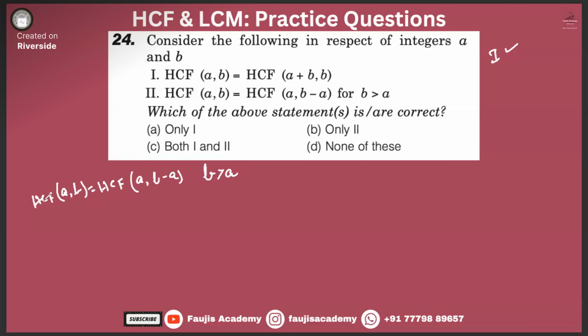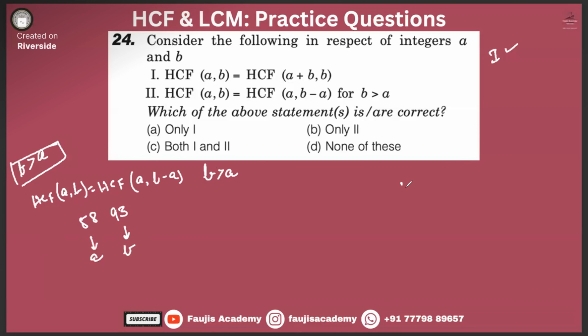Give me some two random numbers here. B has to be greater than A. So A is 58 and B is 93.